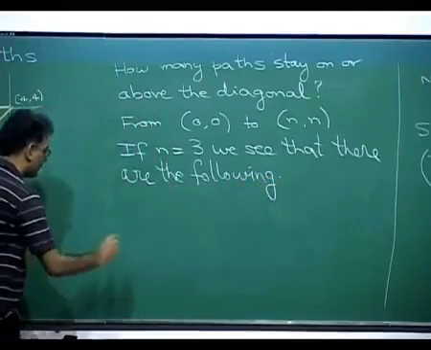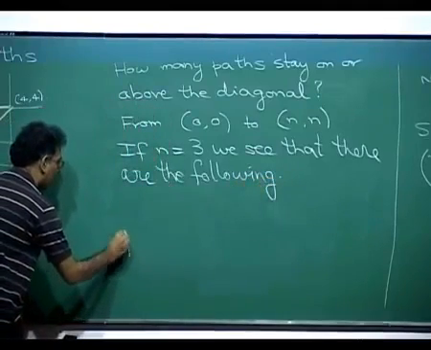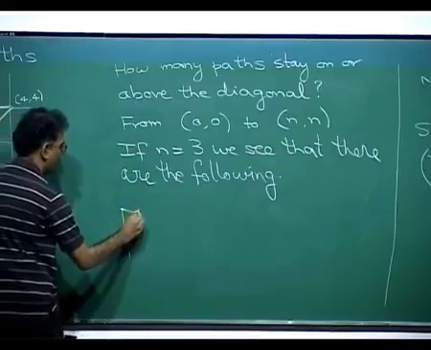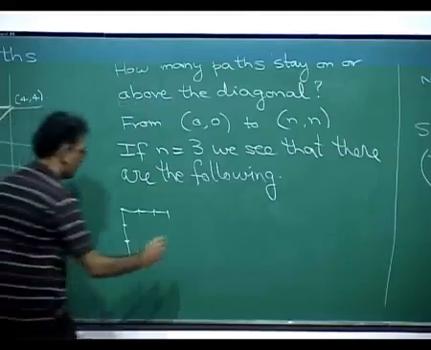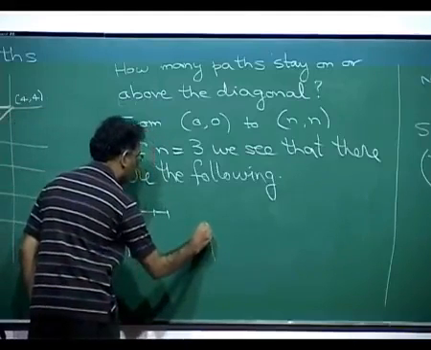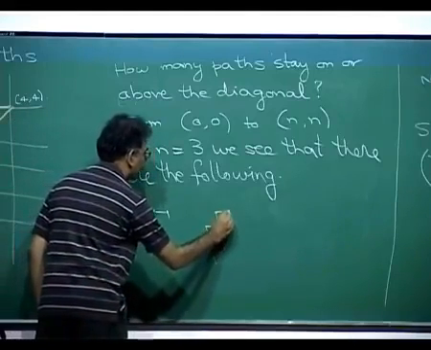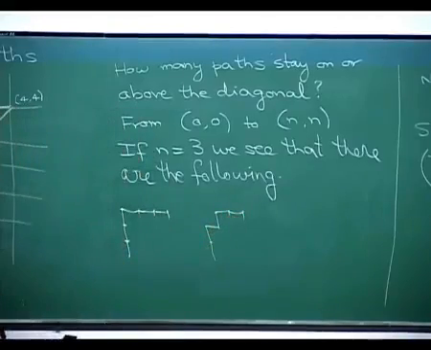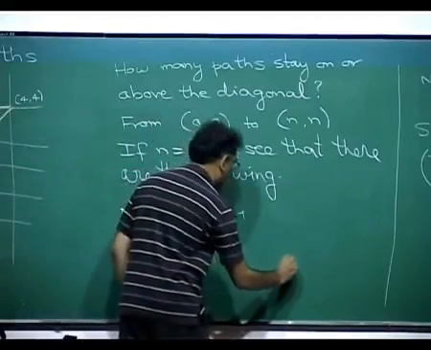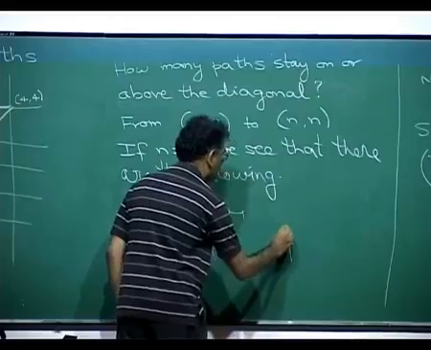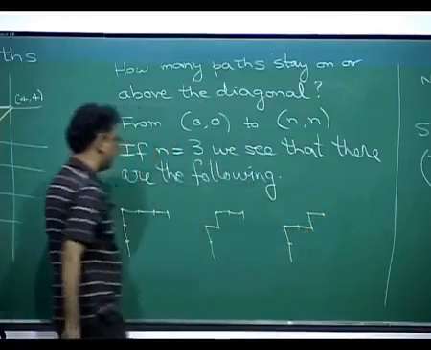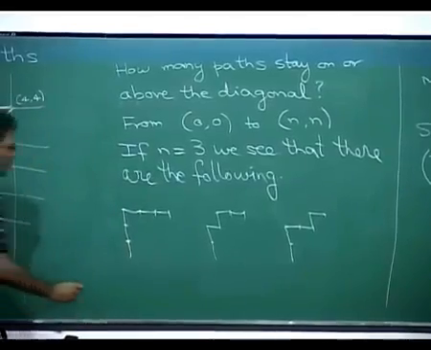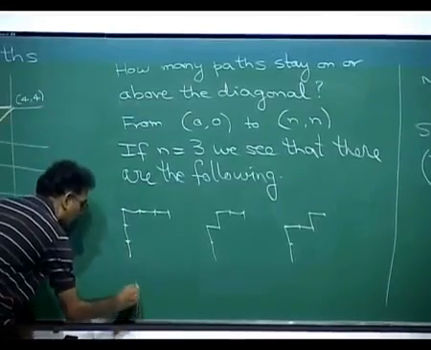So what are the paths? Either you can go all up and then all right, that's completely above, or you could go 2 up, right, right, that's one, or you could go 2 up, right, up, right.